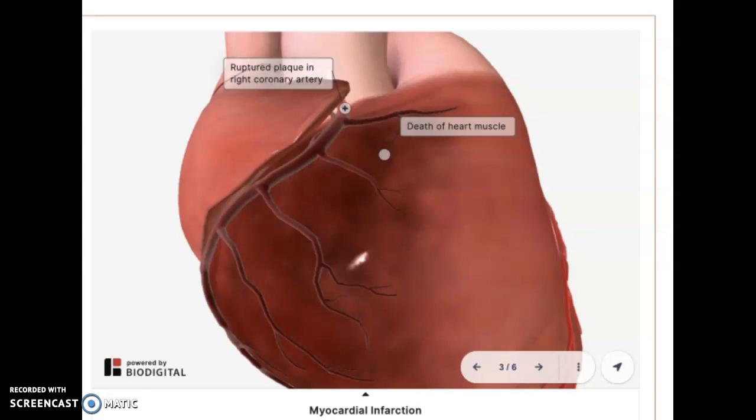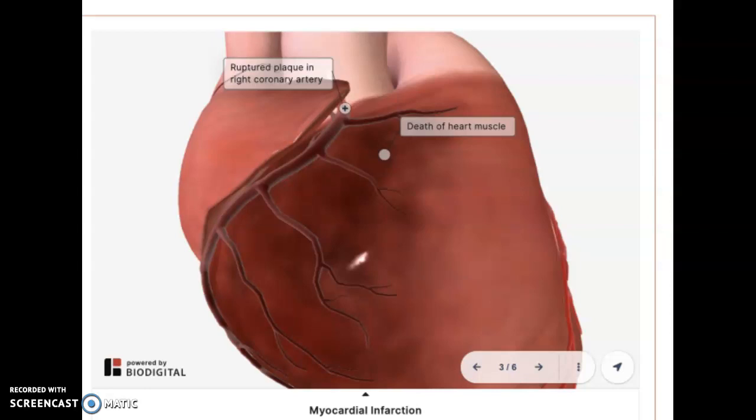Blood supply to the heart can become blocked when plaque from elsewhere in the body ruptures and then forms a blood clot. So heart attacks can be caused from plaque, but also from blood clots that dislodge from somewhere in the body and travel to the coronary arteries and then block blood flow to the heart muscle.